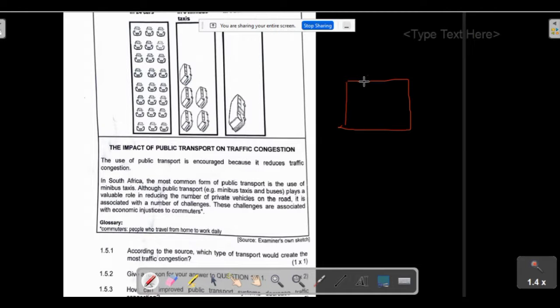We don't have our own vehicles, so out of the 100% of the country, minibus taxis control more than 80%, guys. Can you imagine? That's a lot. So they have power actually.